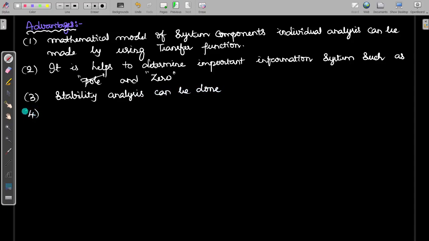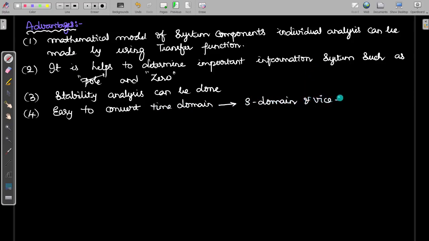Another important point, fourth one, is that it is easy to convert time domain into S domain. If you take the time domain, you can very easily convert the transfer function into S domain and vice versa.